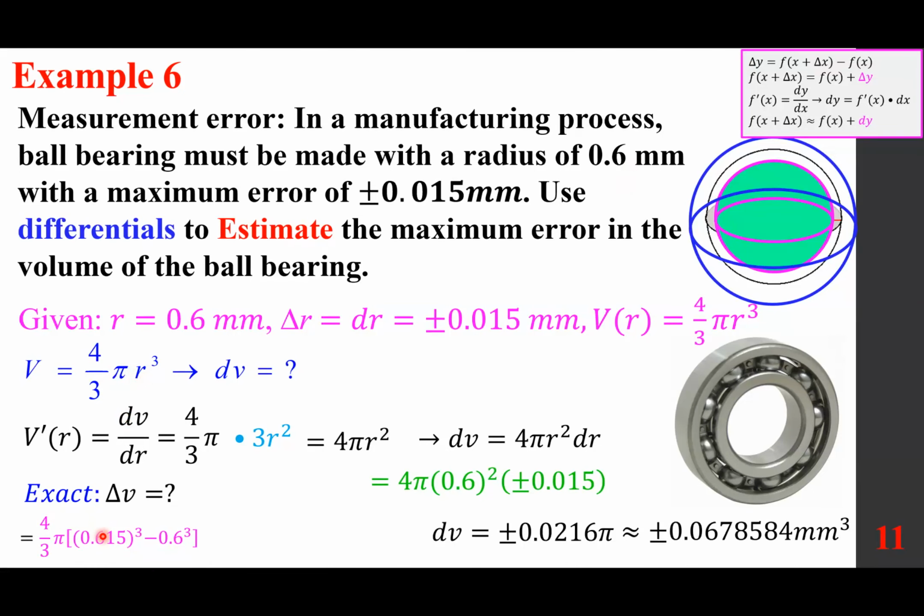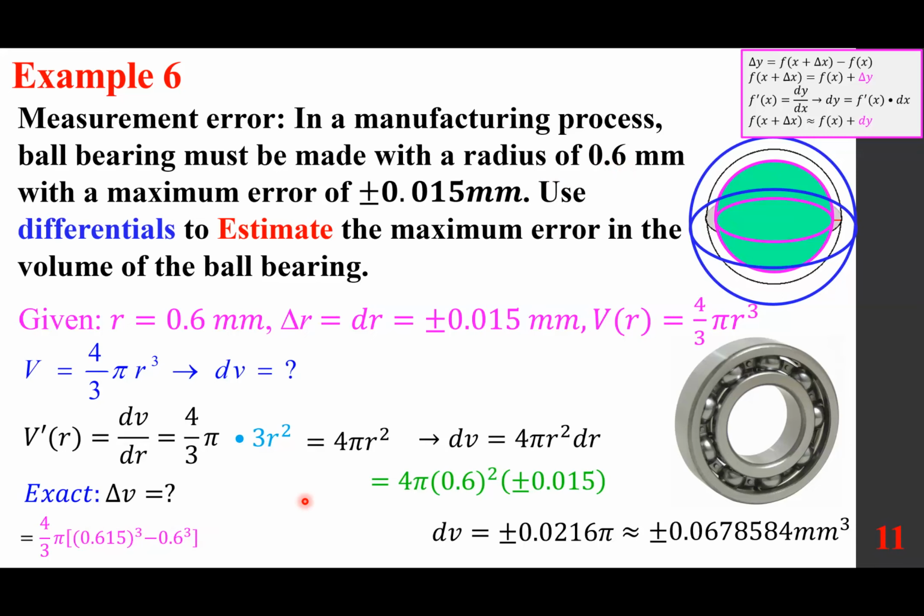4/3 pi r cubed. If you go with the bigger one, in other words, 0.6 plus 0.015, this bigger one has this radius of 0.615 cubed minus the original one, 0.6 cubed, and you can calculate this using a calculator.